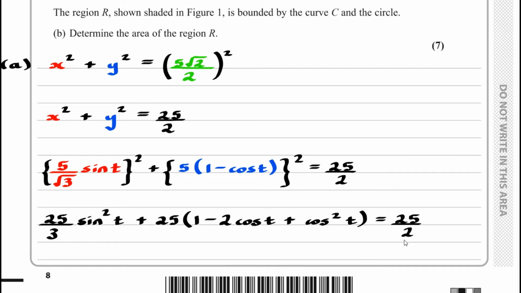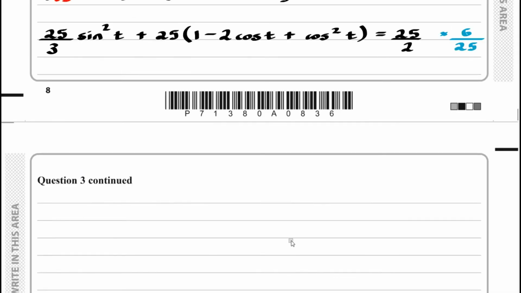This is equal to 25 over 2. And if I multiply through by 6 over 25, well, we have then 2 sine squared t plus 6 subtract 12 cos t plus 6 cos squared t equals 3. And let's try to simplify this and solve.